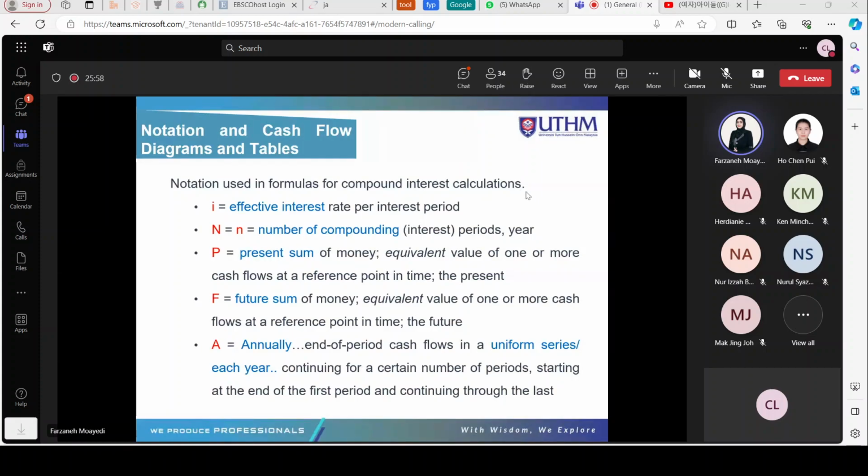The only thing about this part is that because you have to do calculations for several different types, it would sometimes be difficult for everybody to memorize the formulas. So the best way to do the calculation without needing to memorize the formula is what we call notation, along with the cash flow diagram and table.